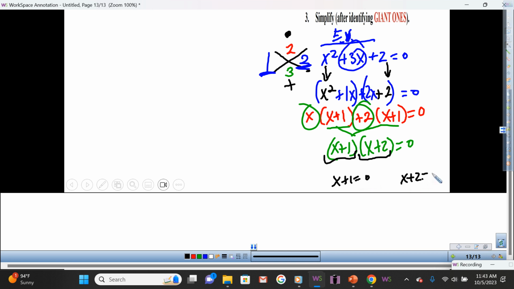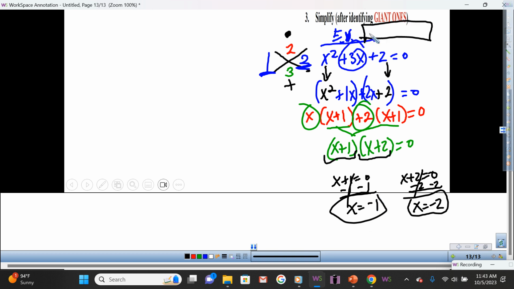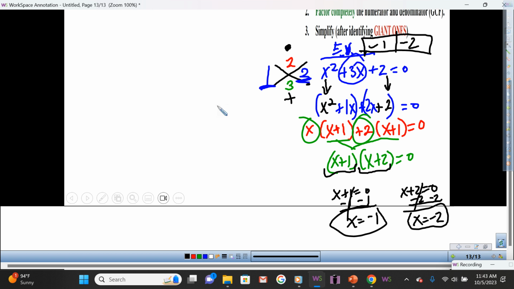X plus 2 equal to 0. Solve. So my excluded values are -1 and -2. All right.